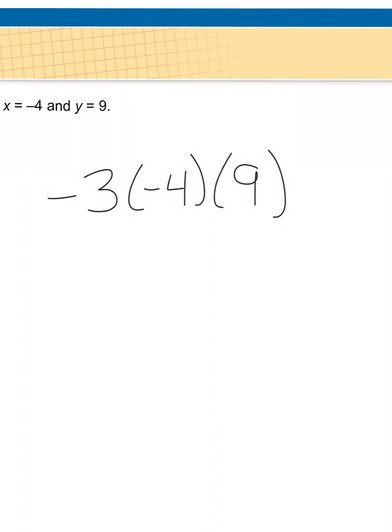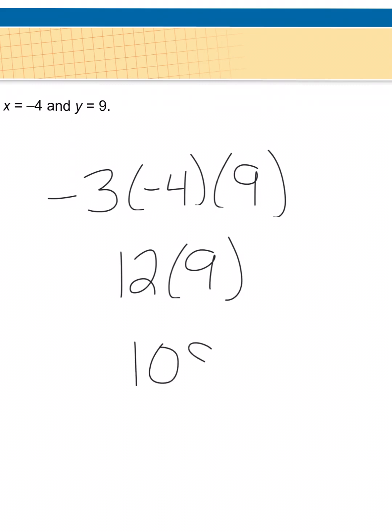Left to right, so take 2 at a time. What are the first 2 numbers I combine? Negative 3, negative 4. Negative times a negative gives you positive. What's 3 times 4? 12. And then bring down the 9. Now you just need to multiply 12 times 9. What's 12 times 9? 108. Does everyone agree with 108?